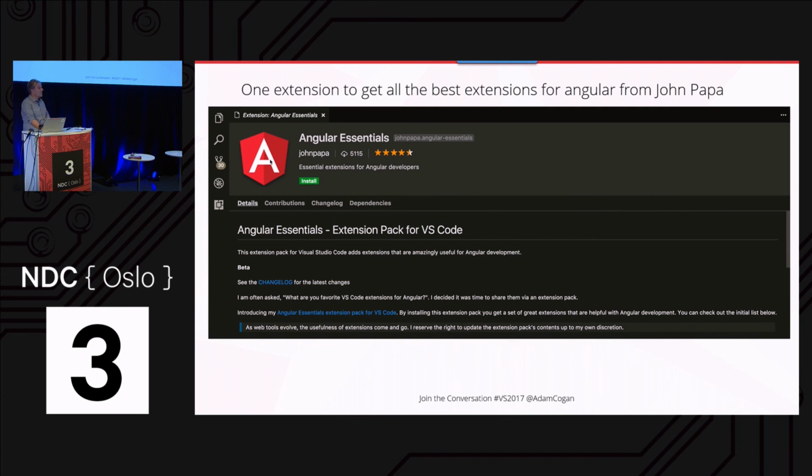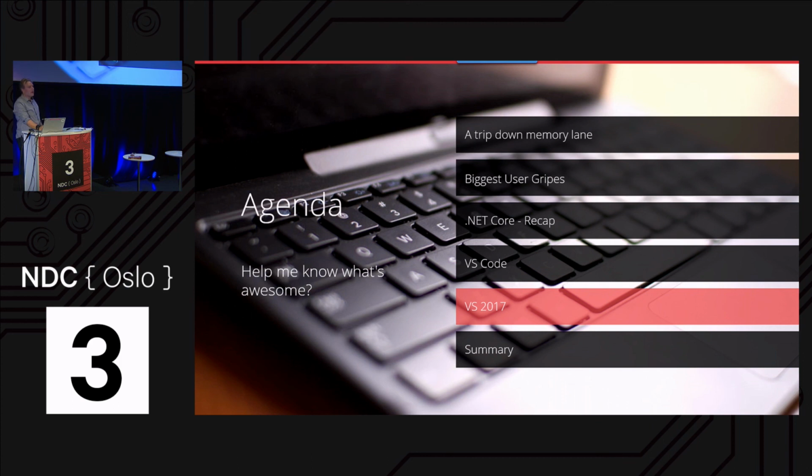He created an extension to get all those extensions. So you don't even have to know what I just told you. Just grab the Angular Essentials. Who already knew of this? Put your hand up if you knew. 3 people. Okay. So this is awesome. Okay. Absolutely awesome. All right. Let's jump into 2017.